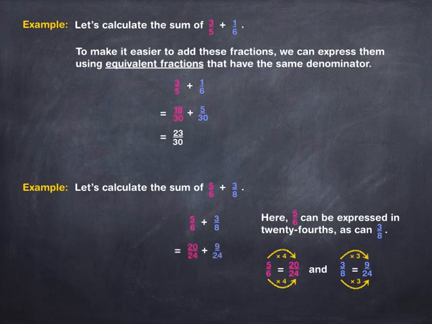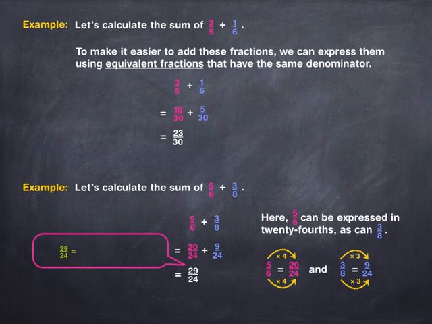So 5/6 plus 3/8 is equal to 20/24ths plus 9/24ths, which is equal to 29/24ths. Here, we can express this fraction as a mixed number. As such, 29/24ths would be 1 and 5/24ths.